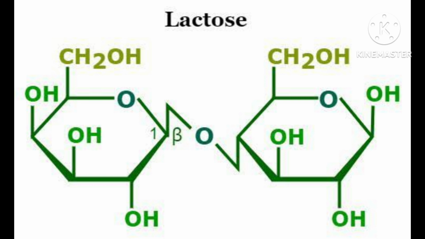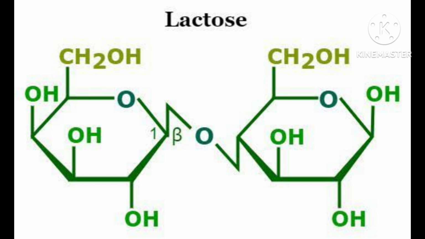The free aldehyde group can be produced at C1 of the second glucose in solution, and it shows reducing properties because the aldehyde group is free.